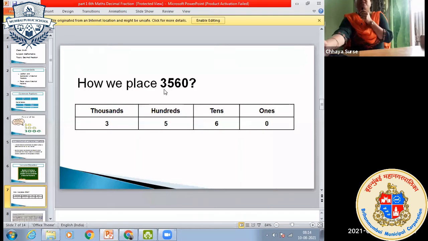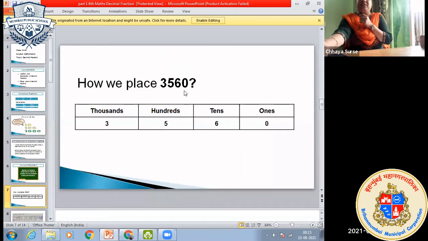Now, this is a number. We place the number, so a number has places. This number is 3,560. These numbers have different places.